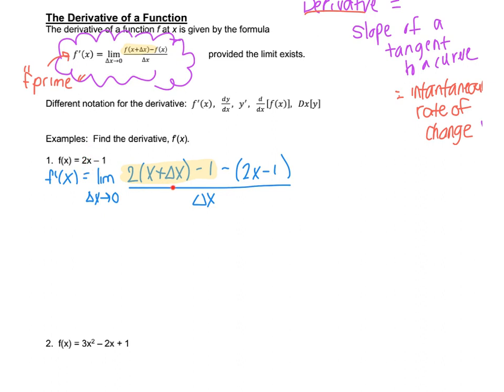So instead of 2x minus 1, I have 2 times x plus delta x minus 1. Then the other part of the numerator came from minus f of x. So that would be minus 2x minus 1. So that's where those two pieces came from. And then obviously we have the denominator coming from what I just highlighted there. So that's how we've just built the application of the formula to this problem.